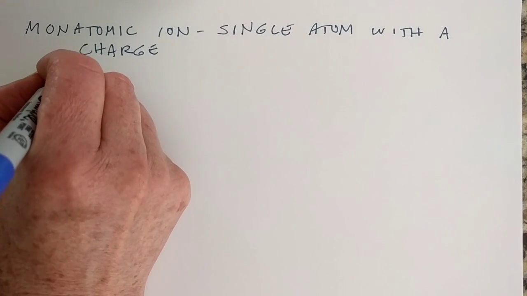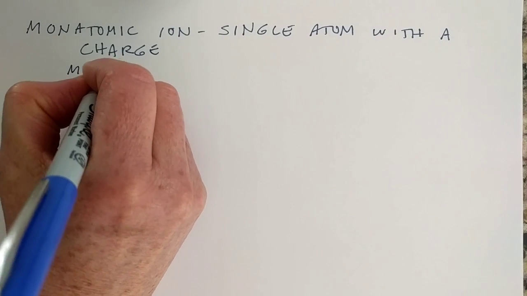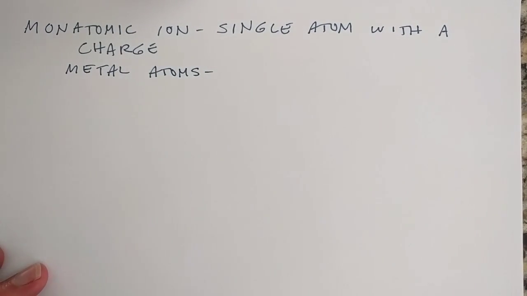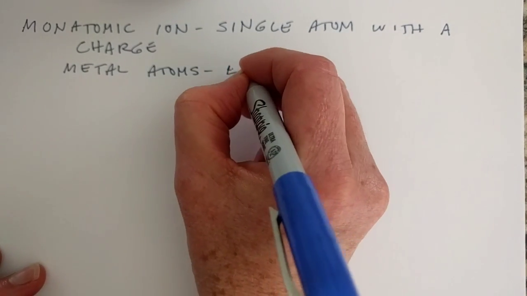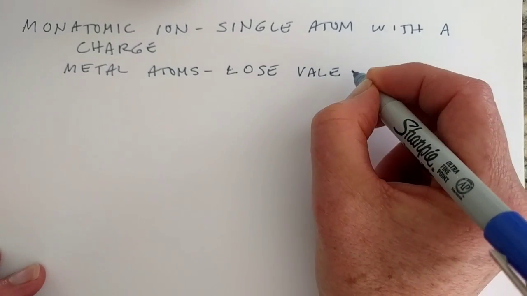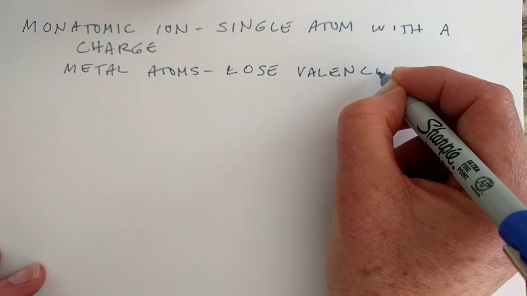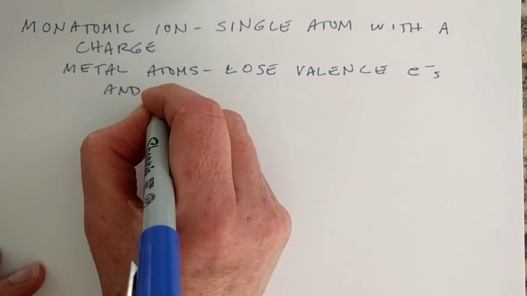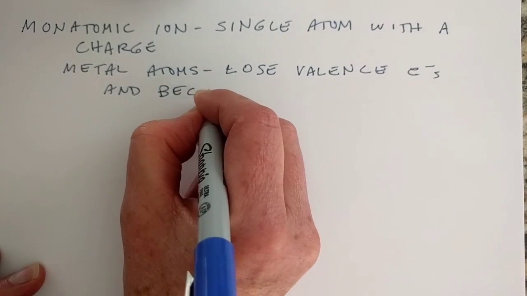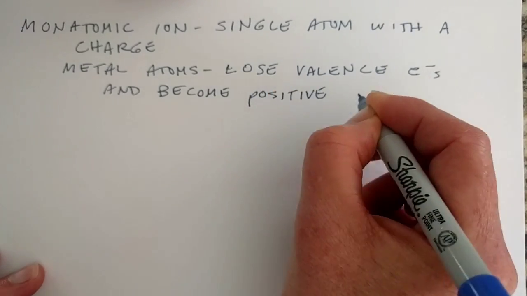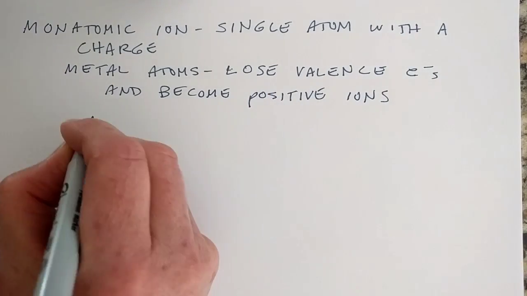So our metal atoms are the ones that lose their valence electrons and become positive ions. They lose their valence electrons, the electrons in the outermost occupied energy level, and become positive ions.